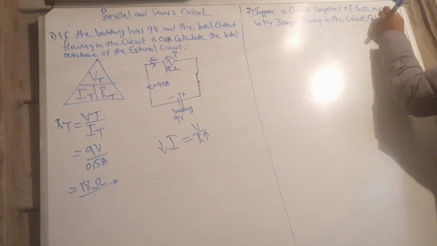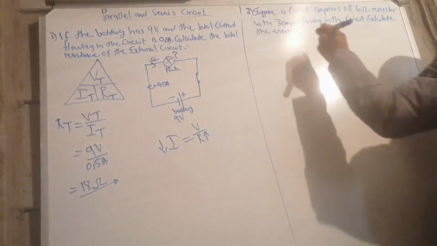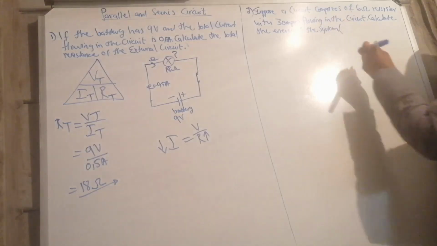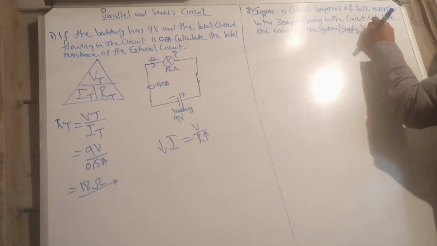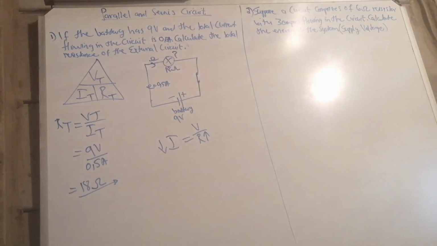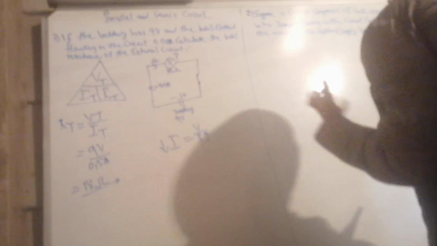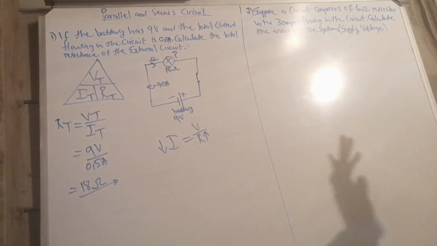Calculate the energy of the system. Now, this is the second question. Suppose the circuit comprises of a 6 ohm resistor with 3 amperes of current flowing. Calculate the energy of the system, which is the supply voltage.